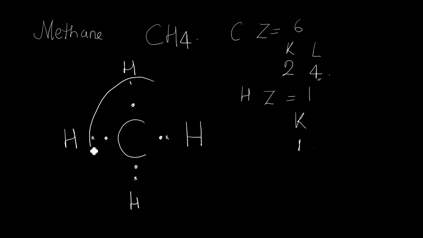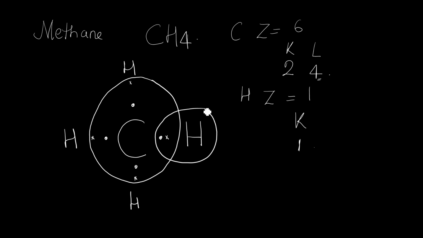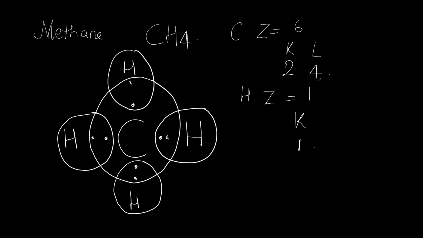Encircle all the electrons. This is how you have to make the electron dot structure. Then this one. Then here this one, and this.